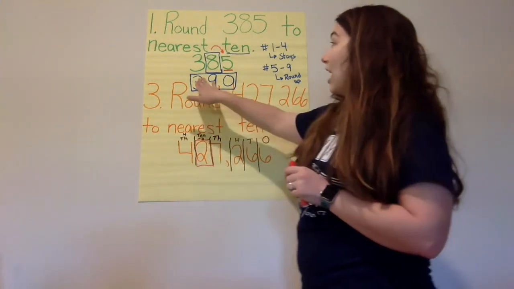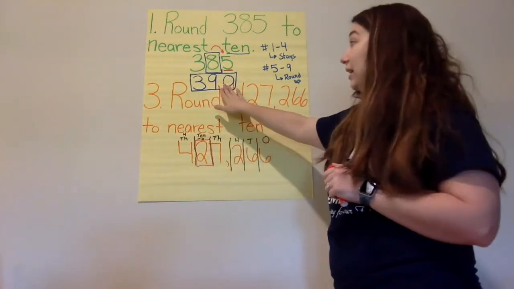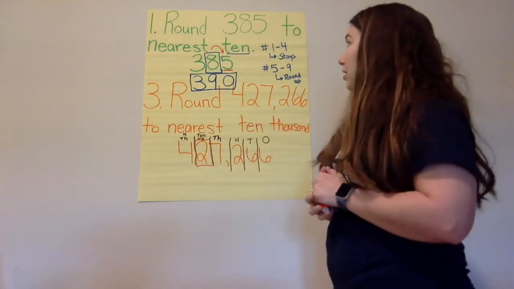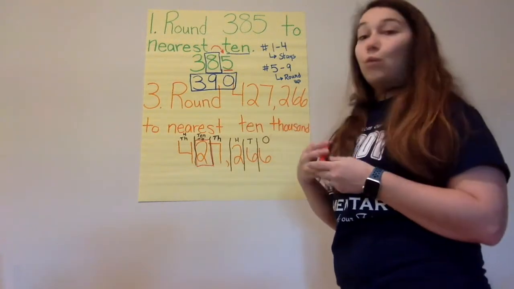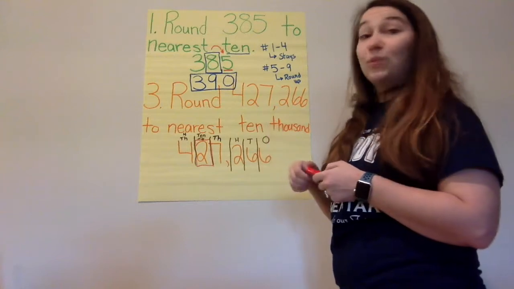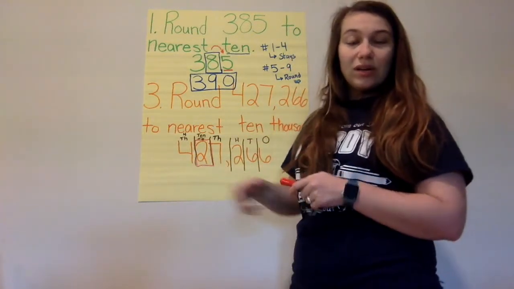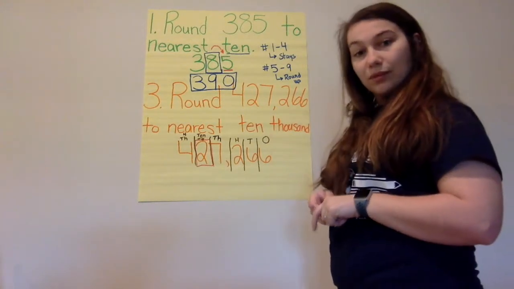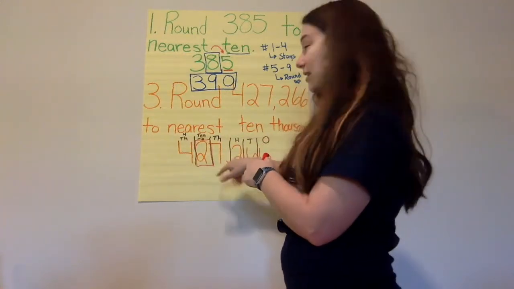All right, now the same thing that we did up here is going to apply down here. So whenever we are looking to round, which place do we have to look in to figure out if this number is changing or staying the same? We look at the spot to the right next door, okay?